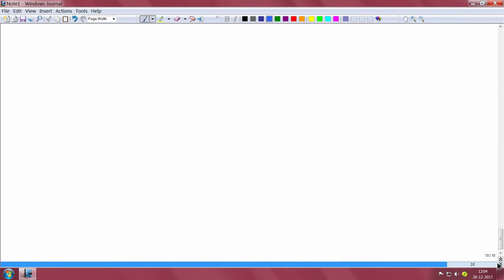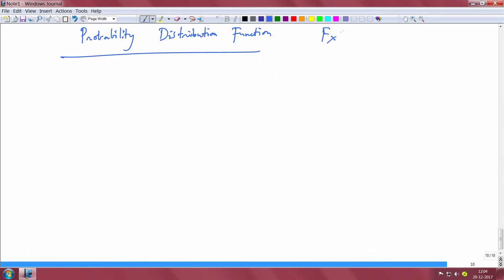So, let us now get into the understanding of what the probability distribution function is. This is also called the cumulative distribution function.